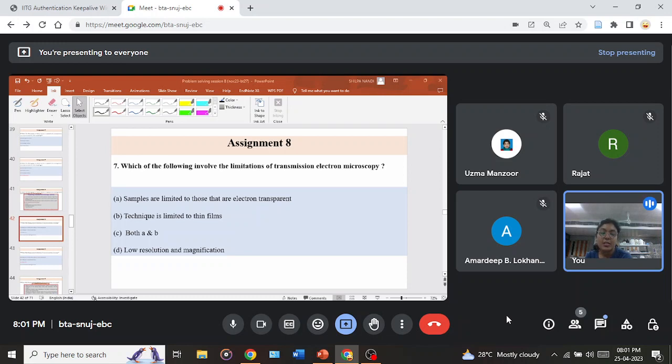Differing from that of SEM, in case of TEM, the electrons are transmitted through the sample, right? So the sample has to be electron transparent. If the samples are not electron transparent, we cannot use it for TEM. So option A is actually a limitation of TEM.